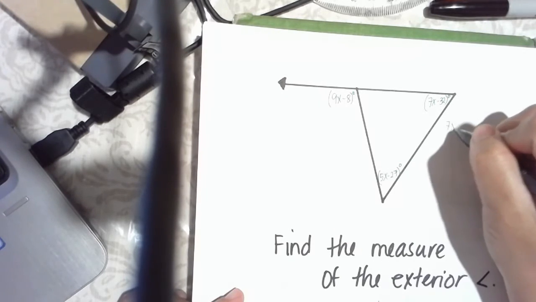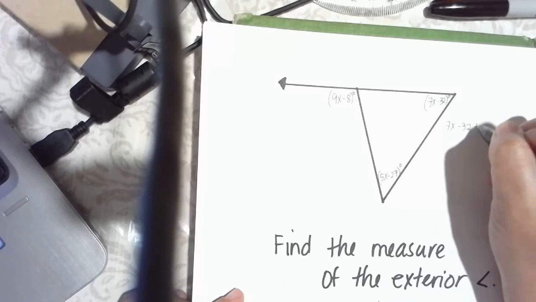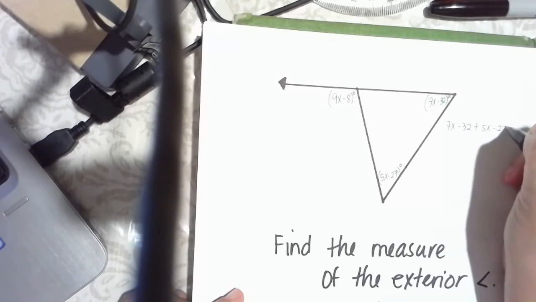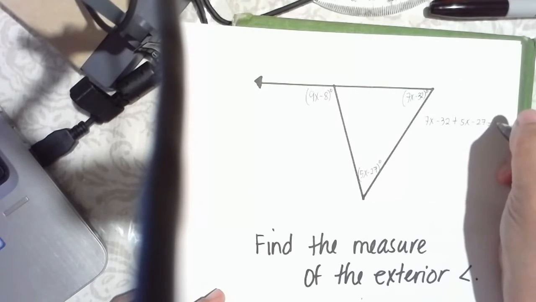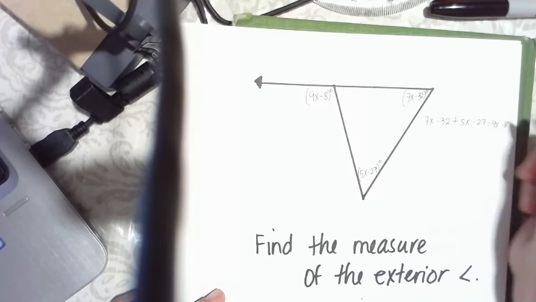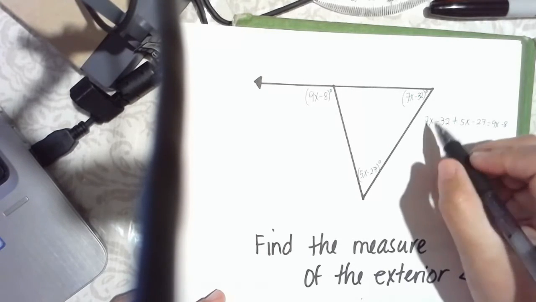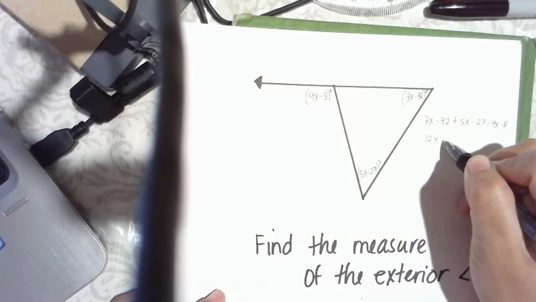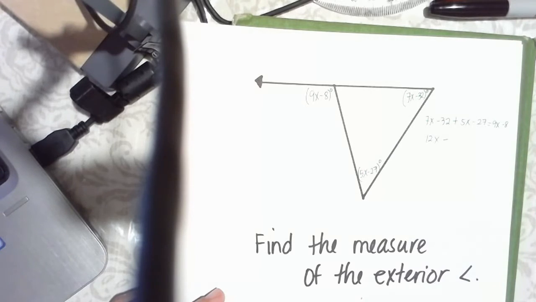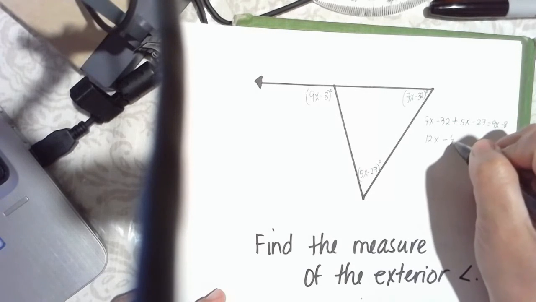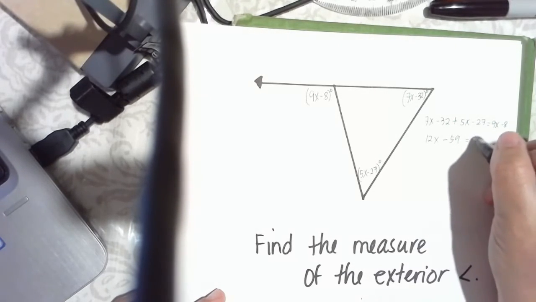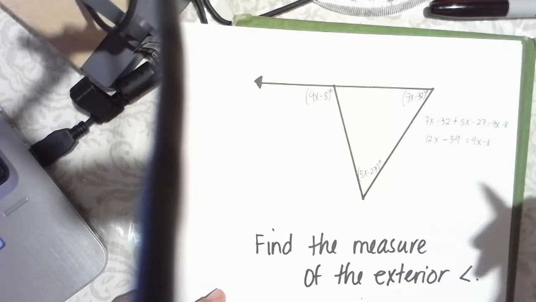So let's solve. 7x minus 32 plus 5x minus 27 is equal to 9x minus 8. So 7 plus 5 is 12x, minus 32 minus 27 is negative 59, equals 9x minus 8.